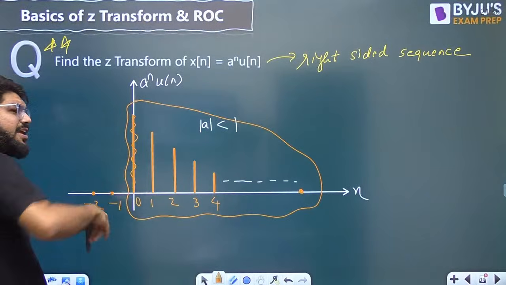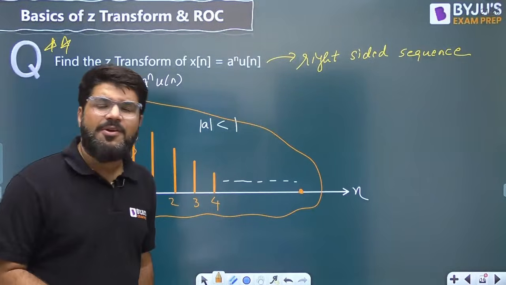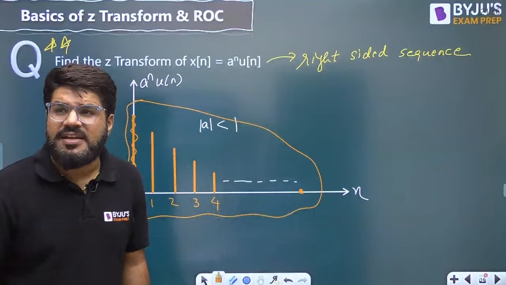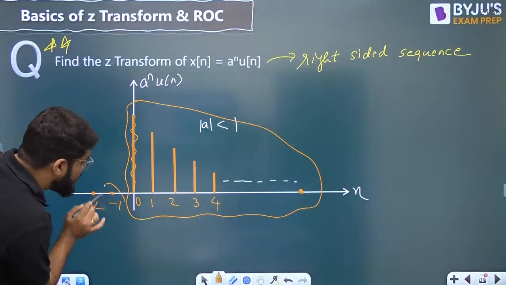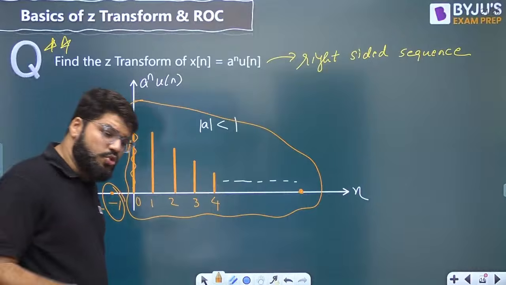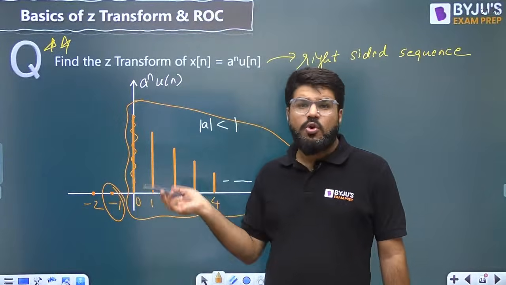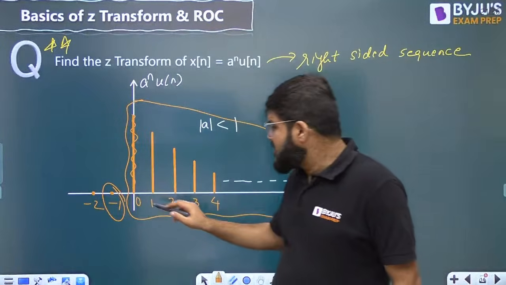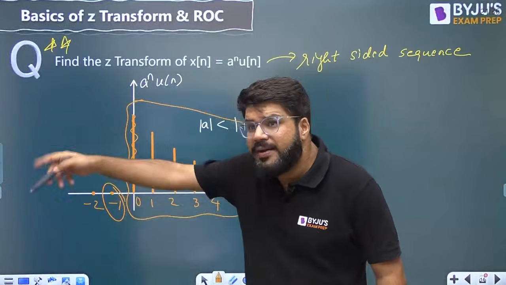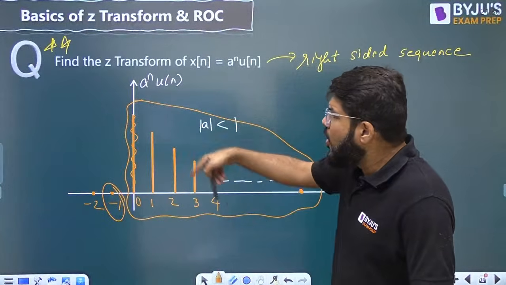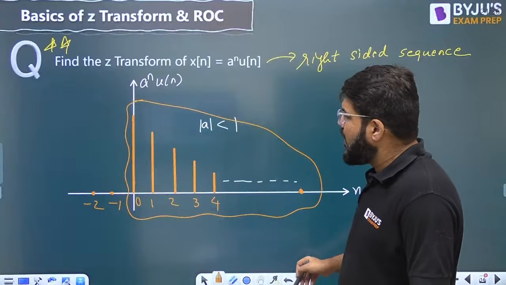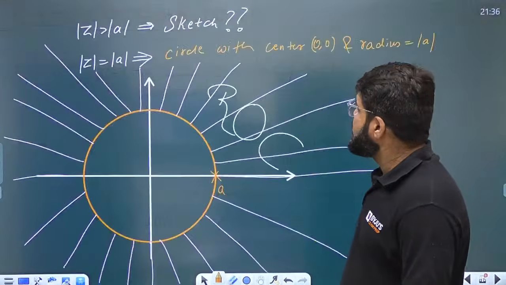So just to totally complement it, we commonly define the left-sided signal as the one which starts from minus 1 going till minus infinity, excluding all those values which are in u[n]. And that is why we defined u[-n-1].